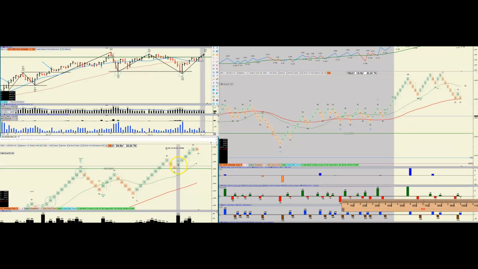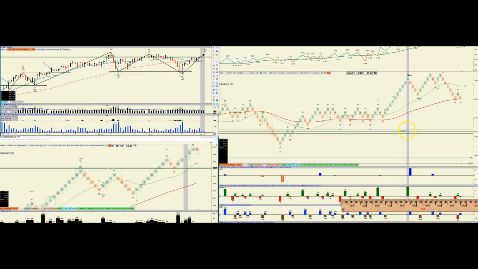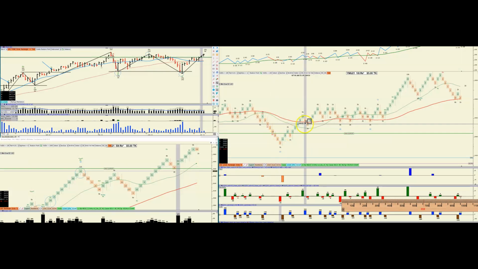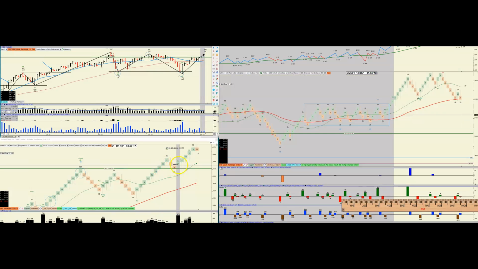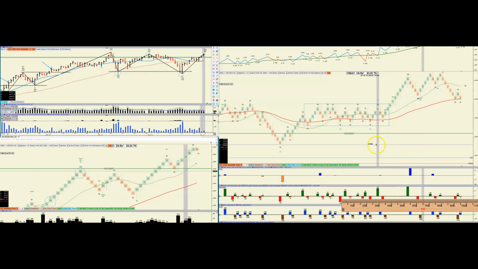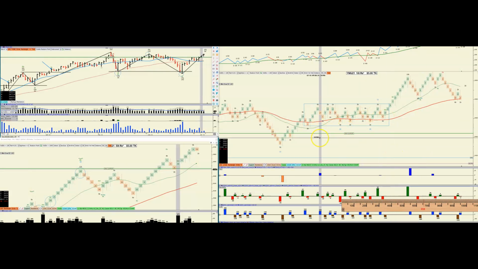Why is this volume so heavy? It's heavy because as the market grinds back up from this selling into this area, this sideways action is why the volume is so heavy. What is this sideways action? This sideways action is accumulation.